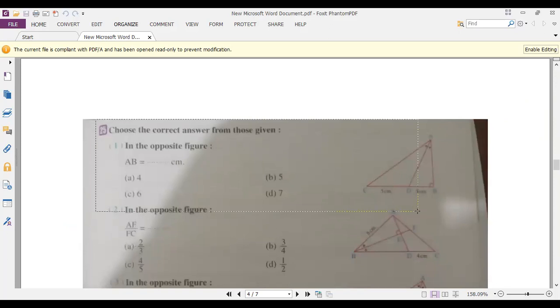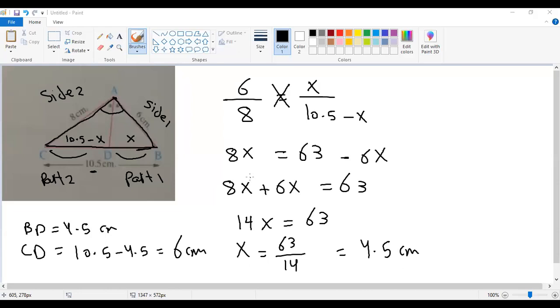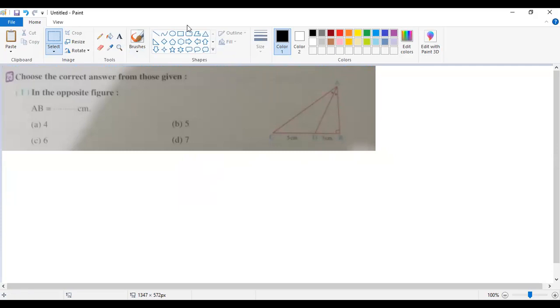Let's try this one. I see that I have a right triangle, and this is an angle bisector, as you see.